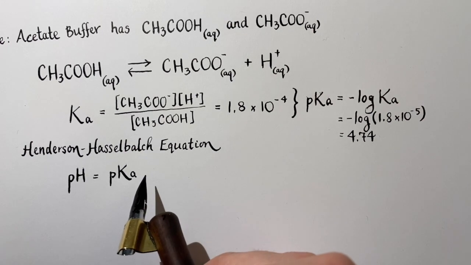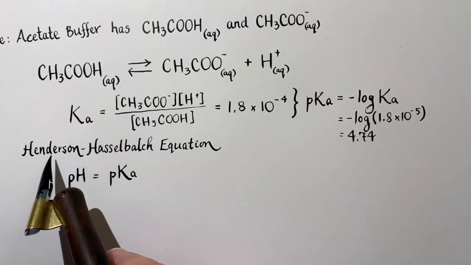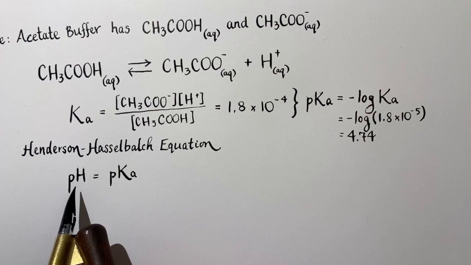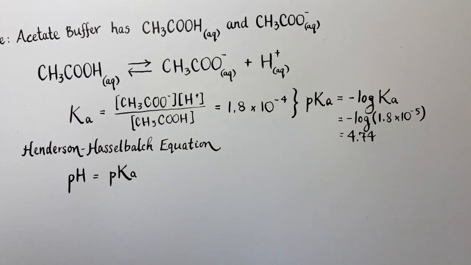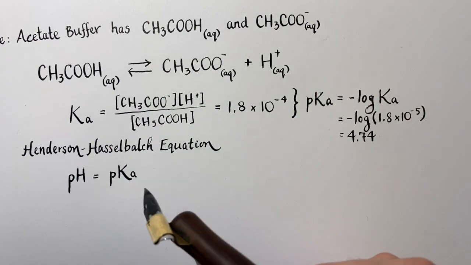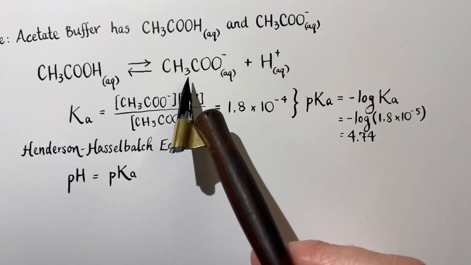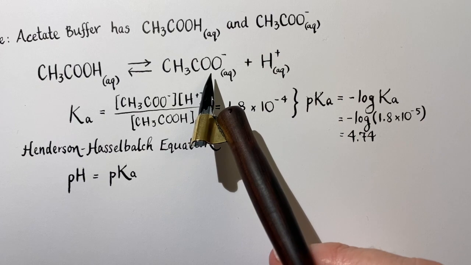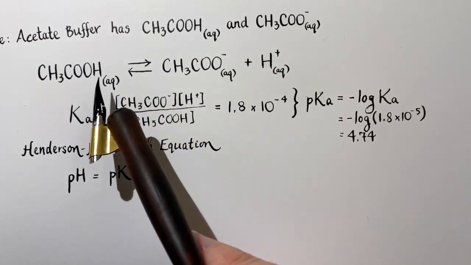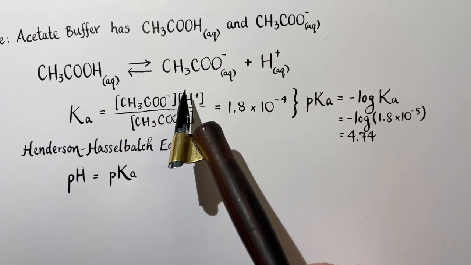Okay, but this Henderson-Hasselbalch, it's used to determine the pH of a buffer. So that means we need to take into account the fact that we put some of the conjugate base in there, and that changes this equilibrium, right?